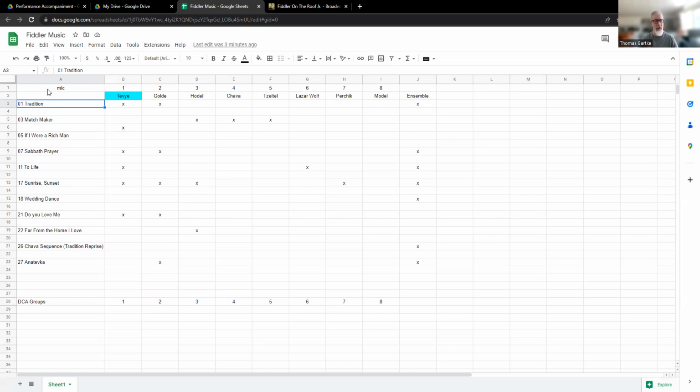I run the musical numbers that have singing down the left side, and the characters across the top, across the columns. The first thing I do is put X's into the crosshair of whichever song has this character involved.